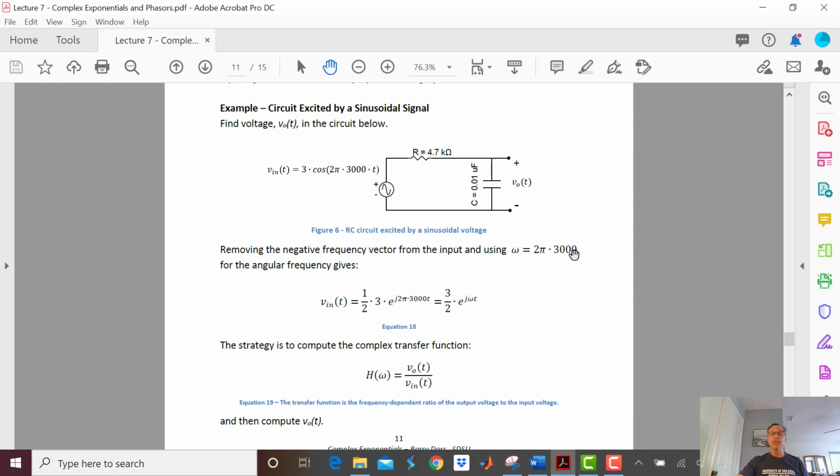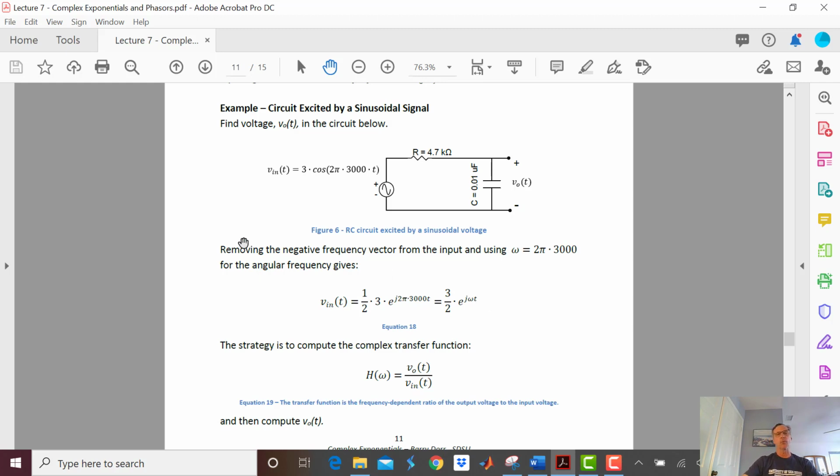We're going to use this for the angular frequency, and we're going to say that the signal we're feeding into this circuit is 1/2, whoops, because remember we had the two vectors, and that's where that 1/2 creeps in, times 3 times e to the j 2 pi 3000 t, so 3/2 e to the j omega t.